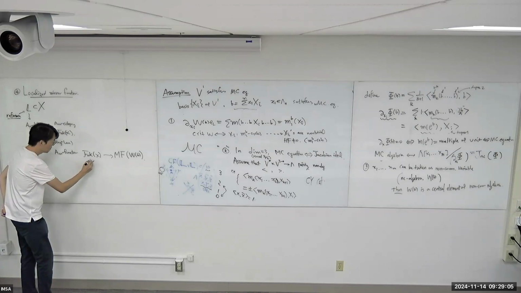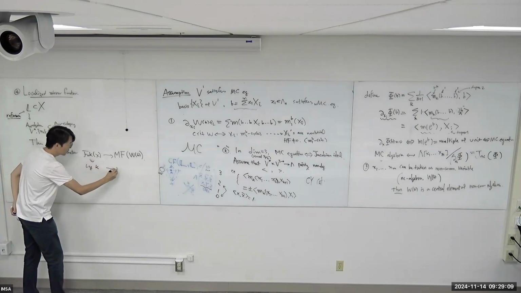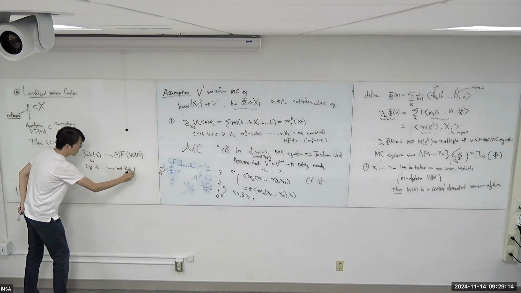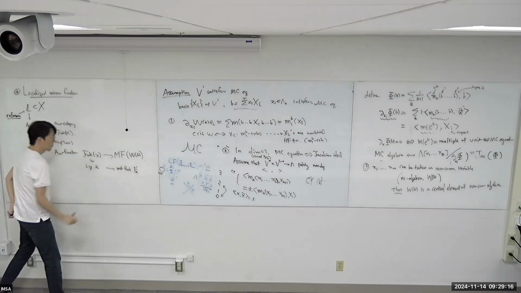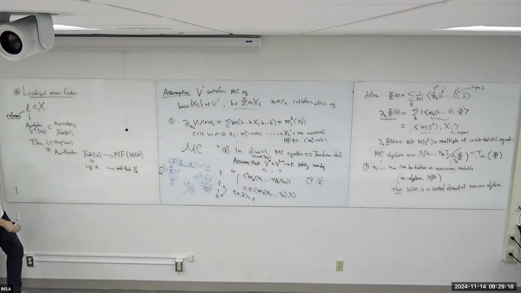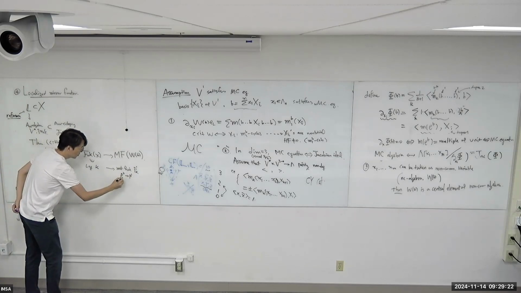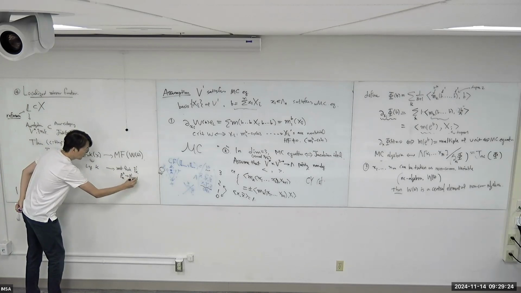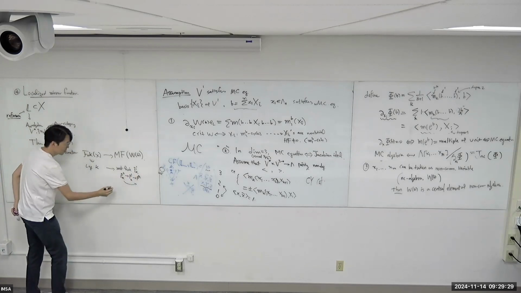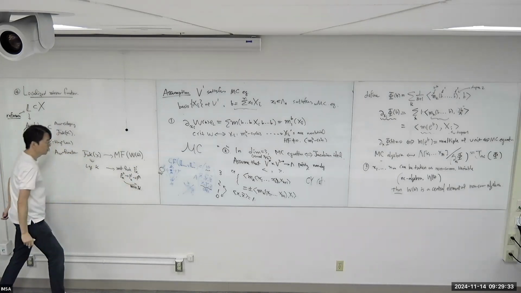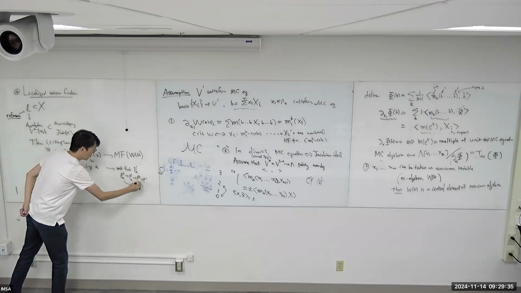So it should send some Lagrangian K to a matrix factorization, let's say P_K. So this is P_0, P_1, P_2, P_0 is periodic, so that the composition is W_B times identity, and so on.